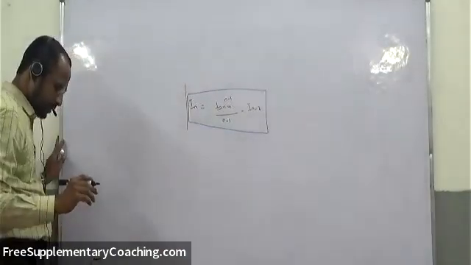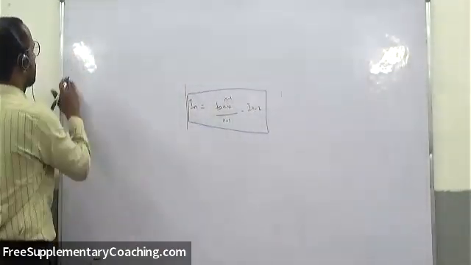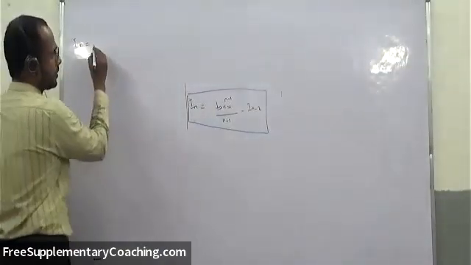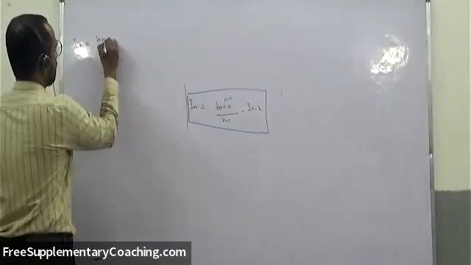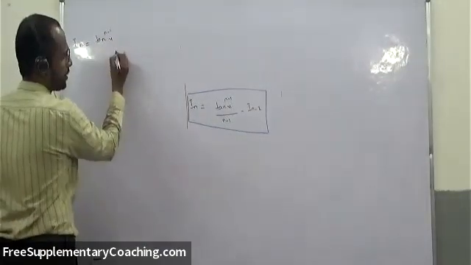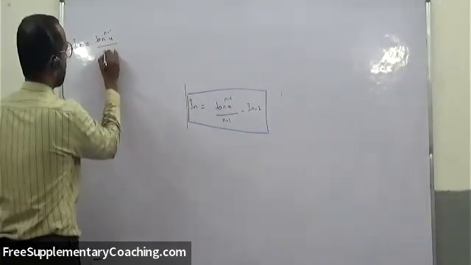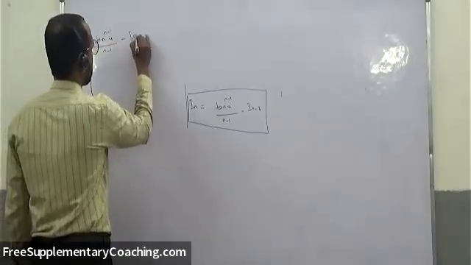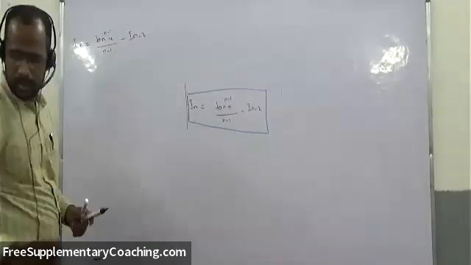What we are having actually here is I_n equal to tan^(n-1) x by (n minus 1) minus I_(n-2).